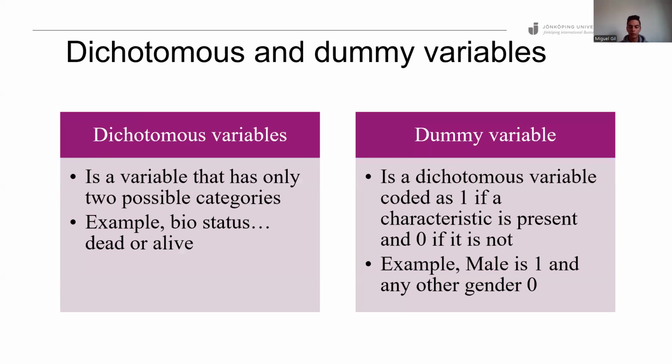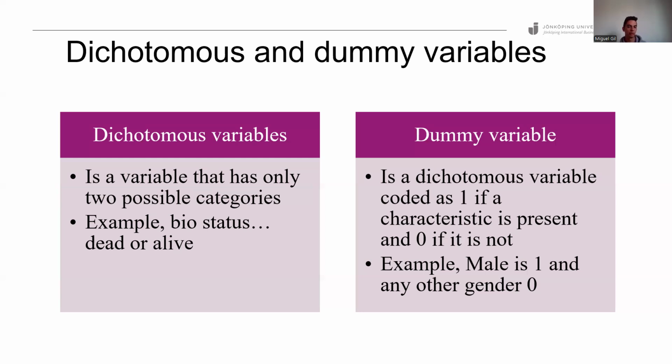And finally, we also have something very useful: dichotomous or dummy variables. Dichotomous variables can only have two values, and generally we try to code them as one or zero. For example, are you alive? Yes or no. That's a funny example, but maybe alive is one, dead is zero.